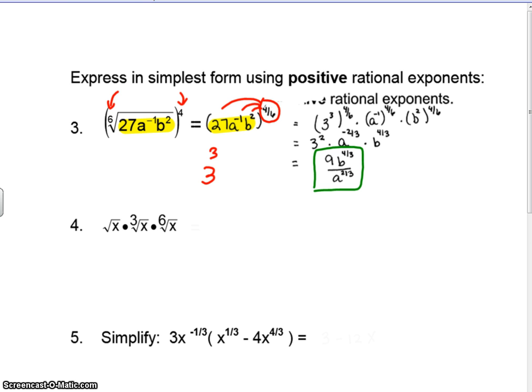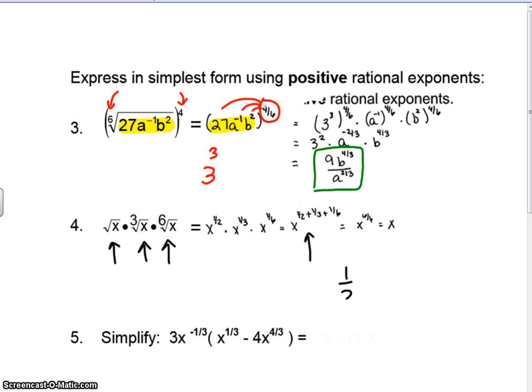Okay, number 4. We're going to represent each one of these using a rational exponent: x to the 1/2, x to the 1/3, and x to the 1/6. The rules of exponents tell us that we have to add the exponents when the bases are the same. So that's what this step is here. How did they get 6/6?